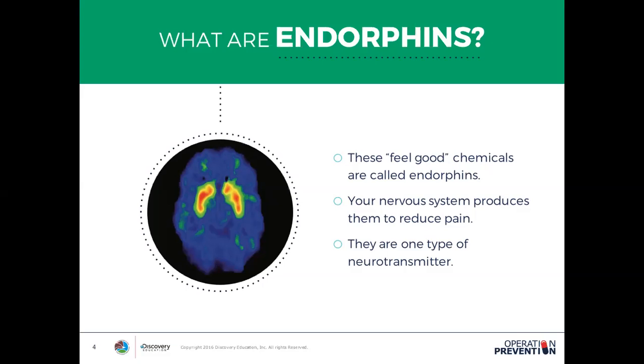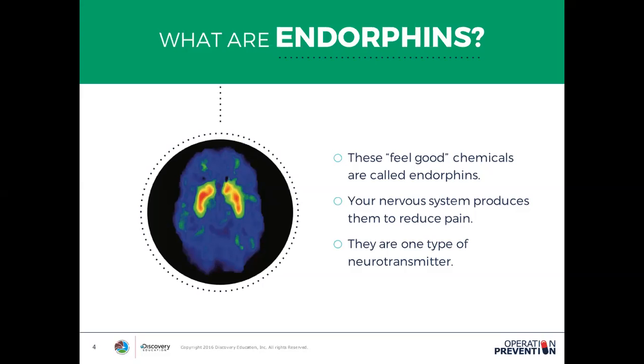That feel-good chemicals produced by your body were endorphins. The body's nervous system produces endorphins in response to certain sensations, mainly stress, fear, or pain.